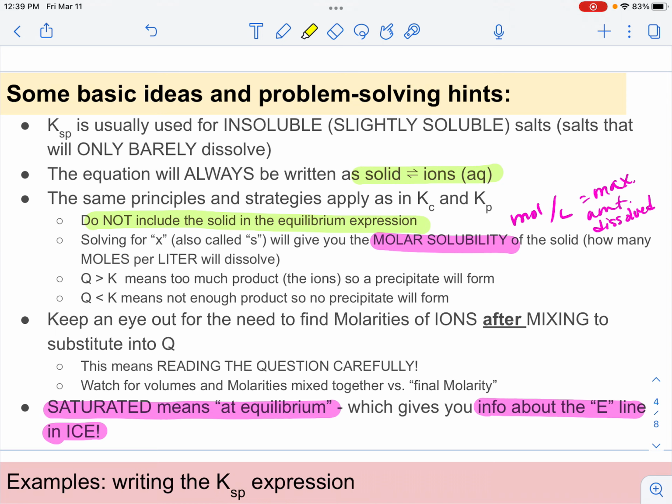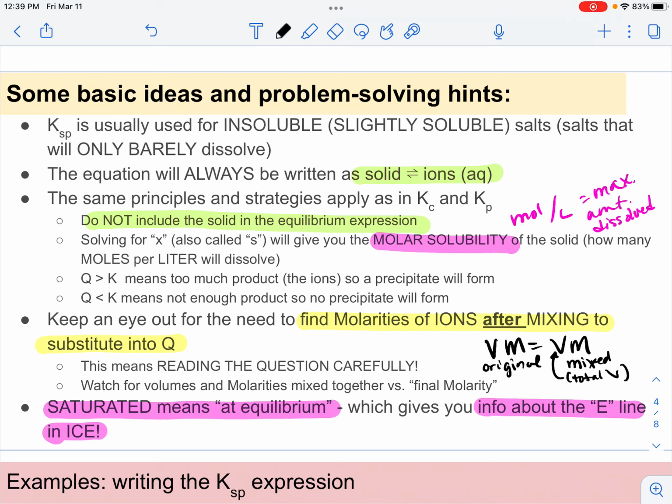So the key is that if you're solving for Q, you have to find the molarities after they're mixed. To do that, this will always be MV equals MV, where this is the original concentration and the volume that they tell you you're using, and this would be the mixed concentration and the mixed volume. So this is going to be total V always. All right, so we'll use that together too.